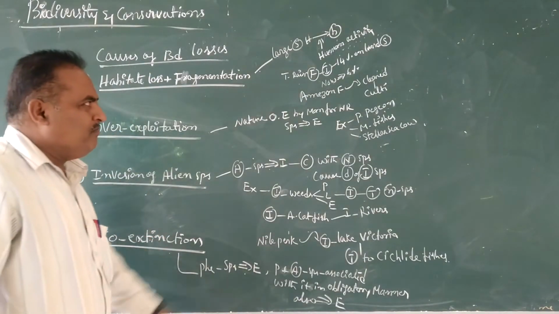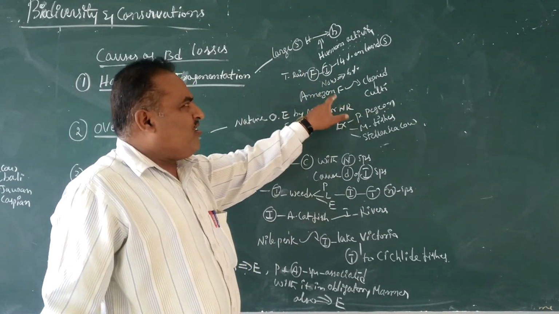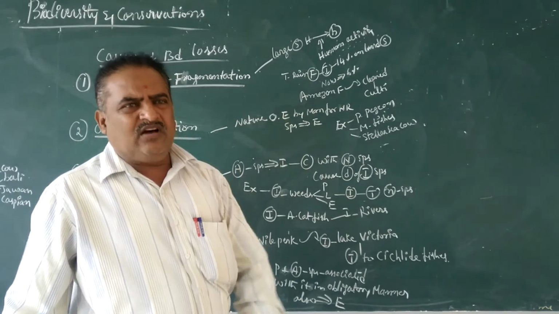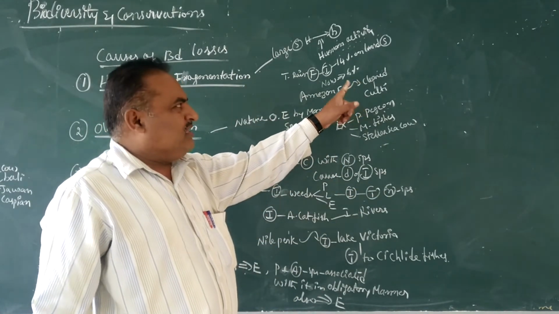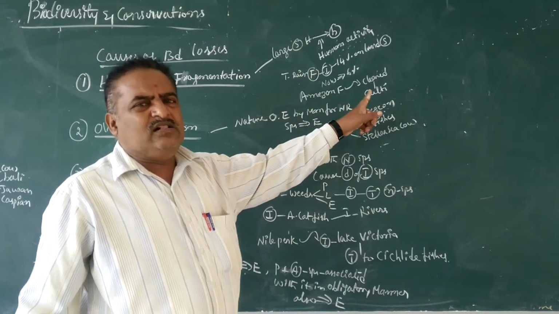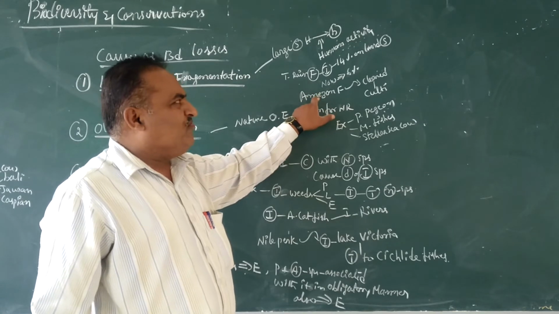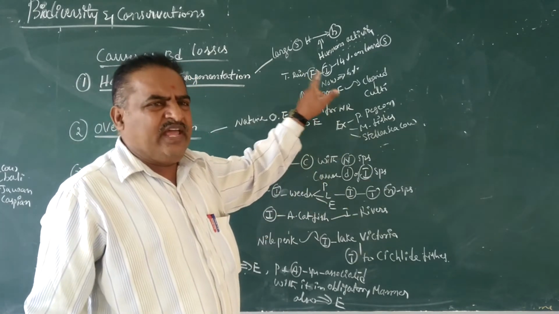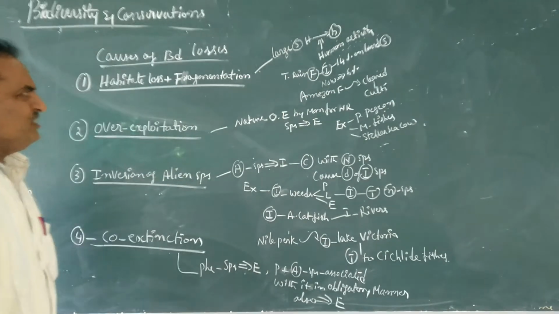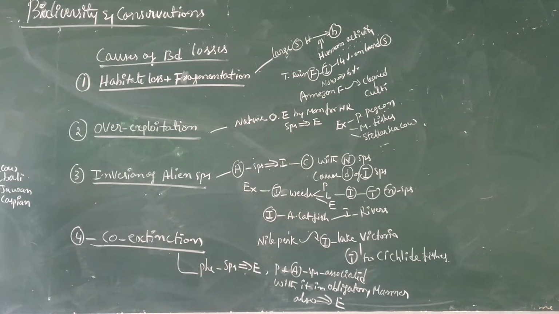One more example: the Amazon forest, which acts as the lung of the planet, is cleared for agriculture or cultivation. Its size is reduced due to human activities like agriculture. That is habitat loss and fragmentation.